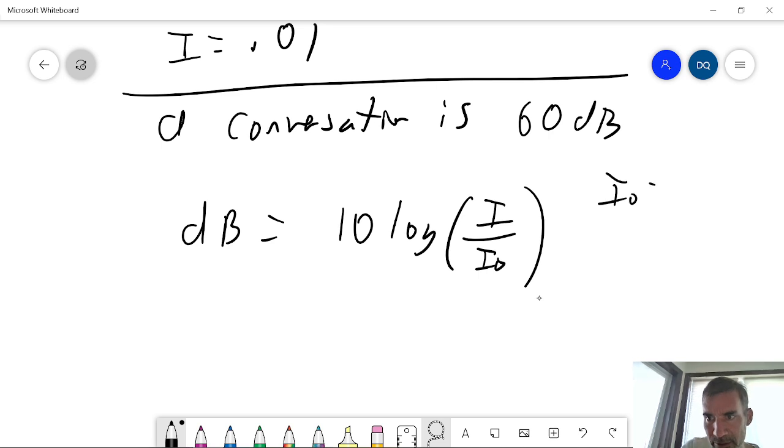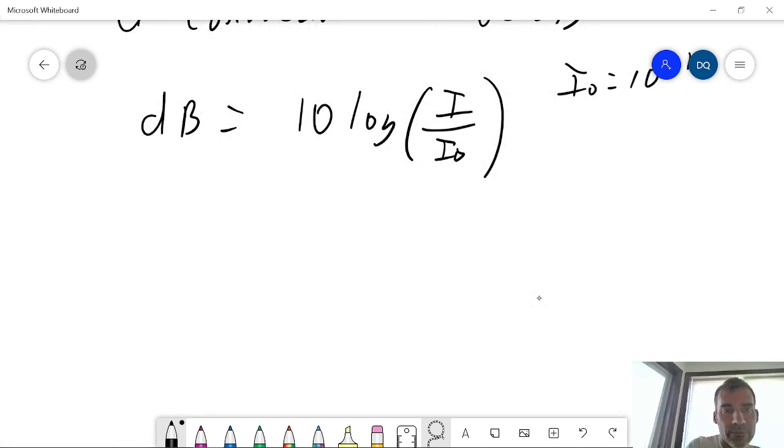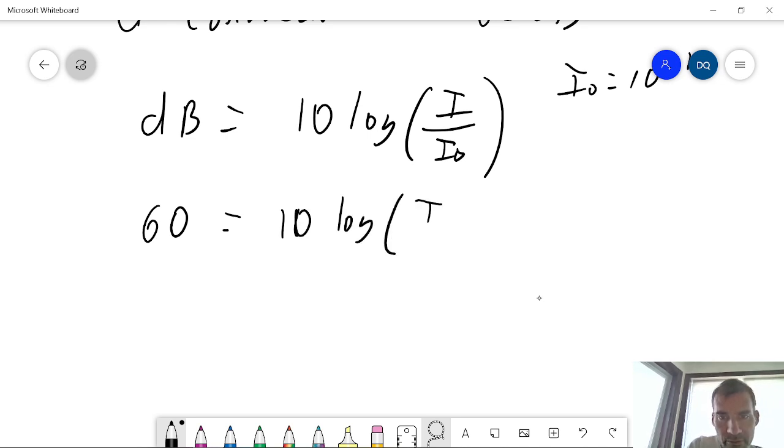And again, the reference intensity is 10 to the minus 12. So I have 60 decibels, and that's equal to 10 times the log of the intensity of sound of a conversation over 10 to the minus 12.